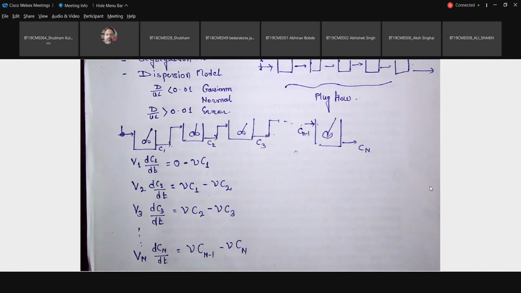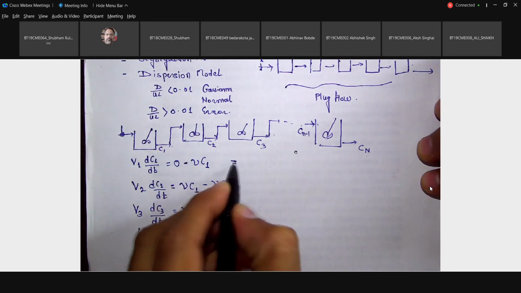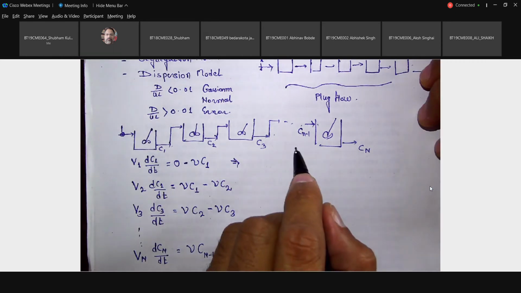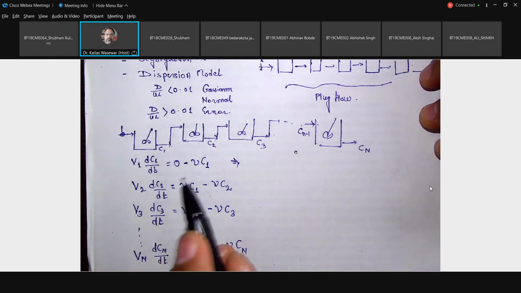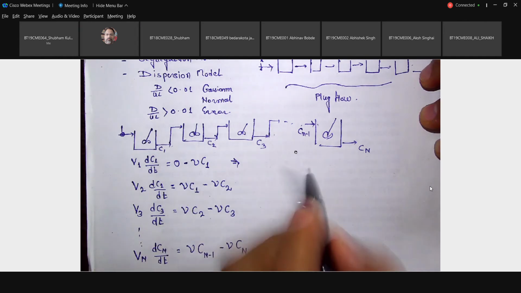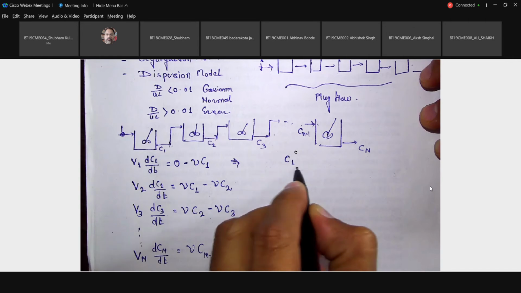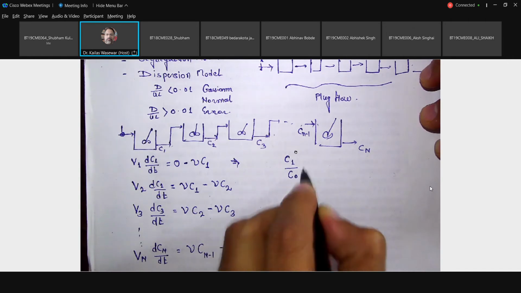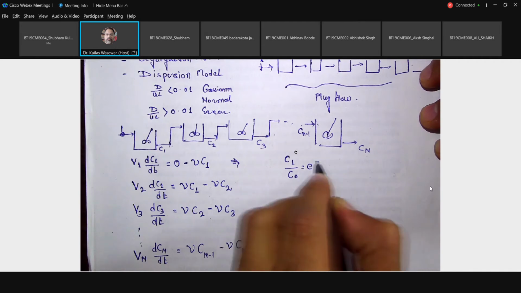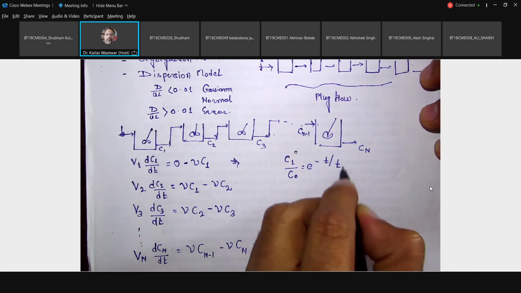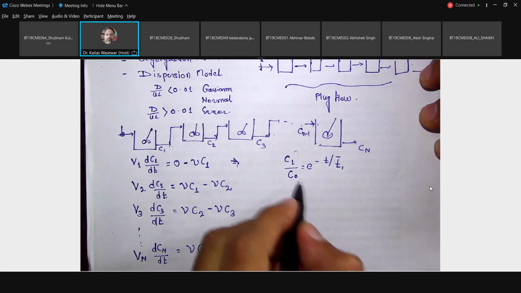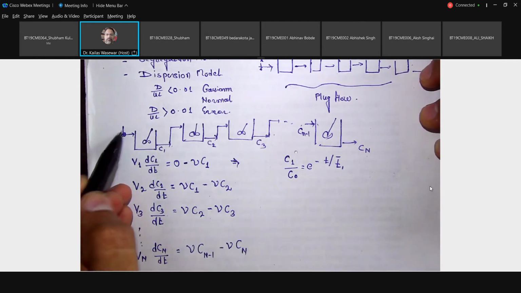Now just go for the solution of this particular equation. It's very simple. What you will get is C1 upon C0 equals e to the power minus t upon t1. C0 will be the initial concentration based on the tracer amount.